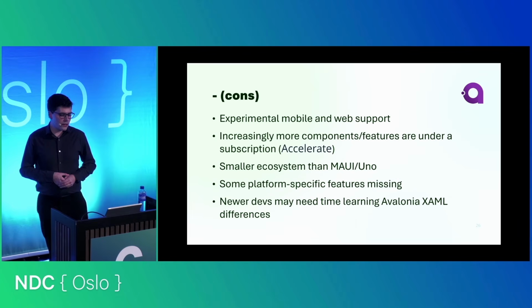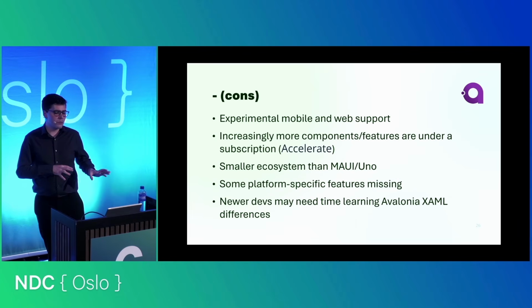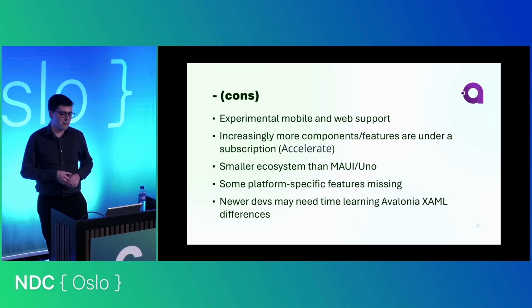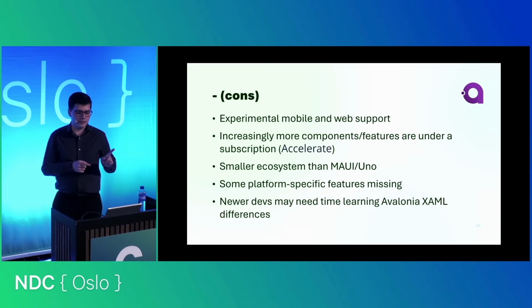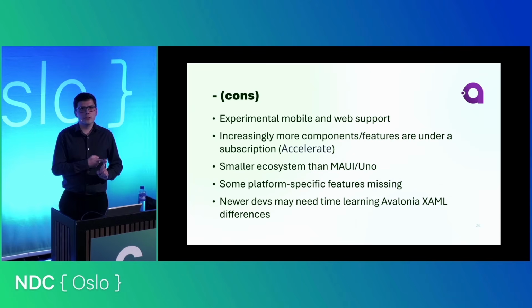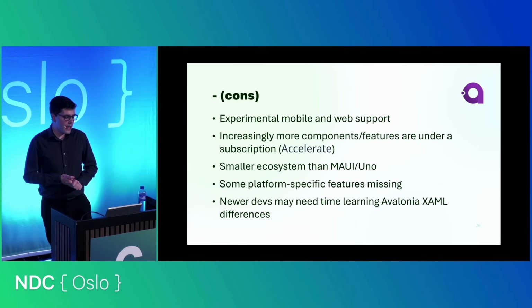So it has, in some ways, a smaller ecosystem than MAUI or Uno, because Uno can use, I haven't mentioned that actually, something called MAUI embedding, where you can embed the controls from MAUI inside a Uno platform app, and it works on the platforms as MAUI does. I don't think Avalonia has that, or I didn't find it mentioned in their documentation.